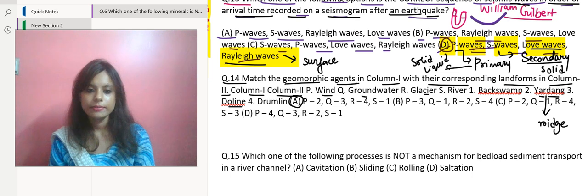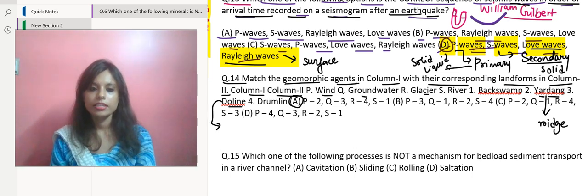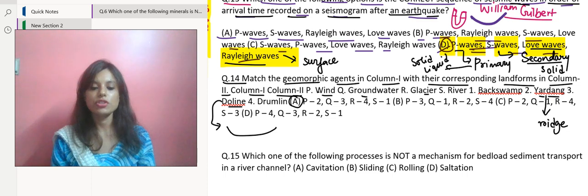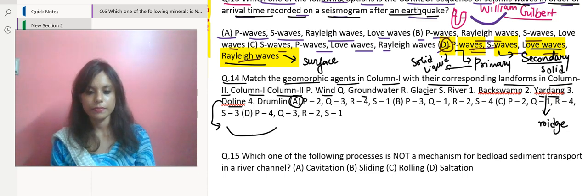And Doline, the next option, is a depression in the ground which is caused by the dissolution of limestone by groundwater.